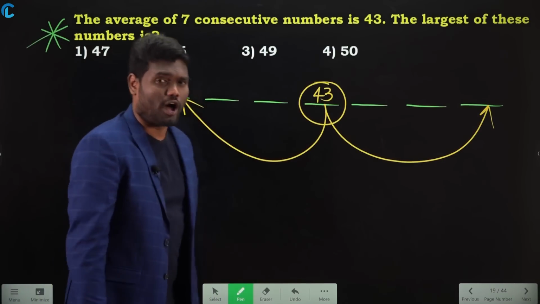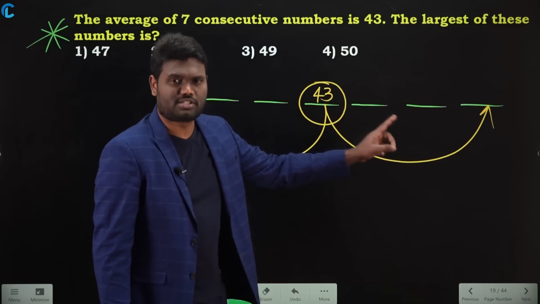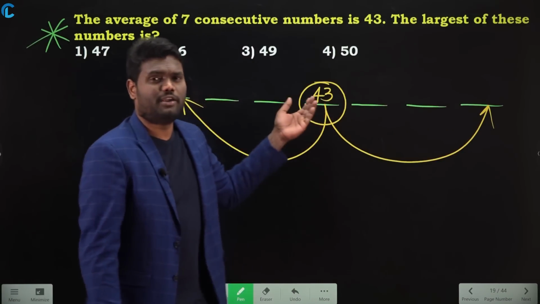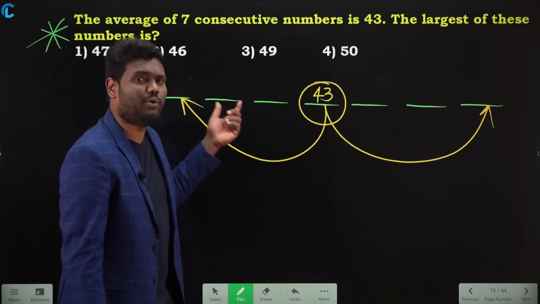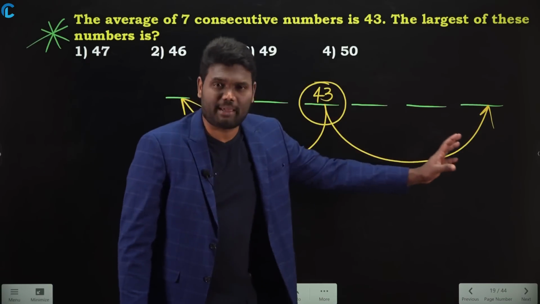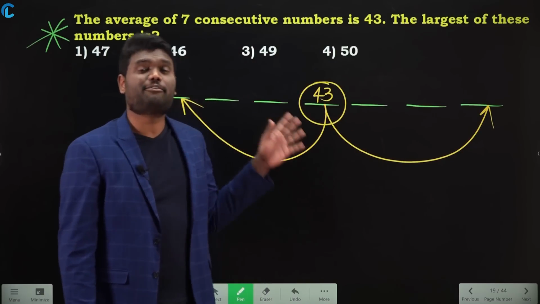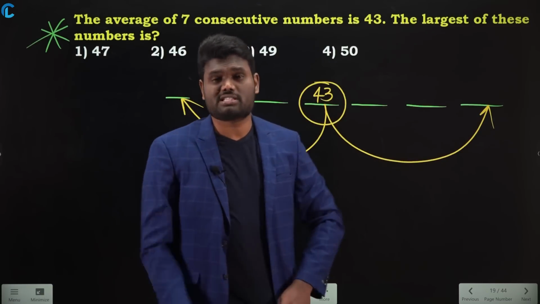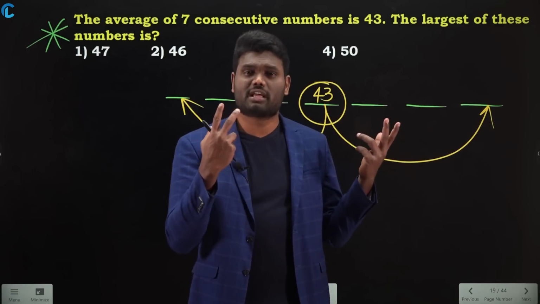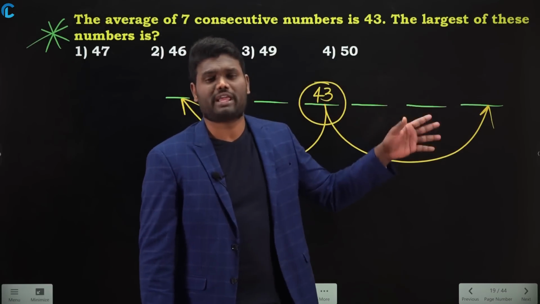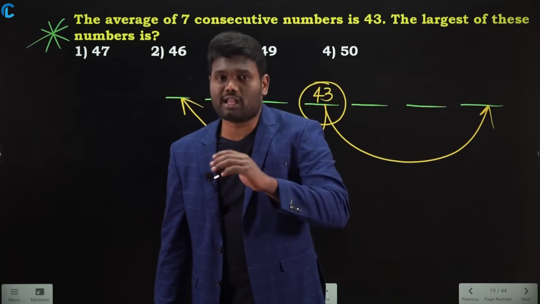If you do it in a normal way, then you can write these numbers 43, 44, 45, 46. Similarly, 43, 42, 41, 40, you can write in this way. But as there are only 7 numbers, you can do that. If my question is something like 94 numbers, can you go on counting 43, 44, 45, 46, 47, 48, 49, 50, 51 in this way?